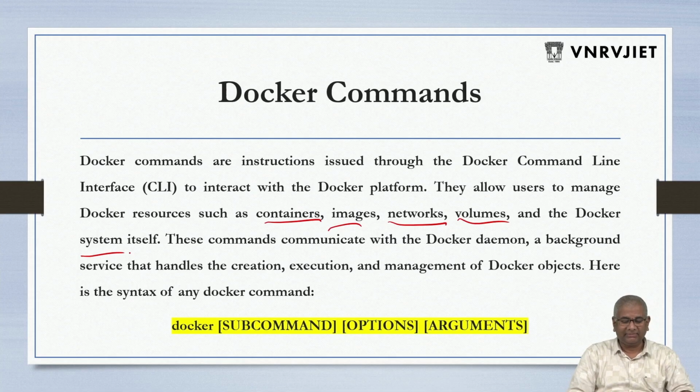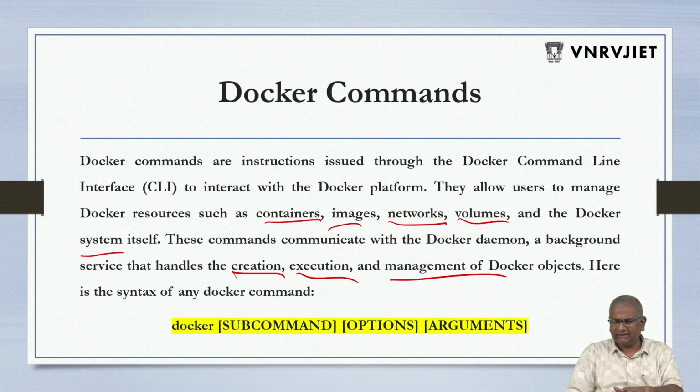The entire Docker system can be controlled using the Docker CLI commands. These commands communicate with the Docker daemon, a background service that handles the creation, execution, and management of Docker objects. There are several objects, not just images and containers, that are created as part of Docker. We'll discuss them later.